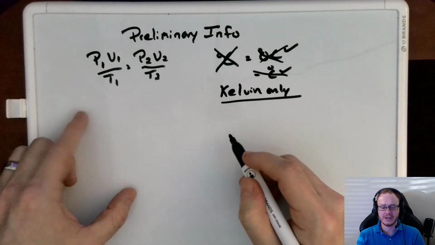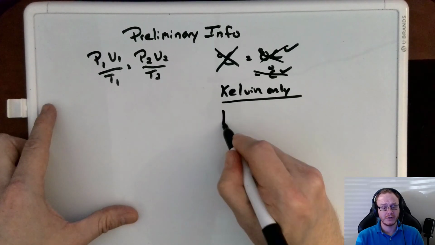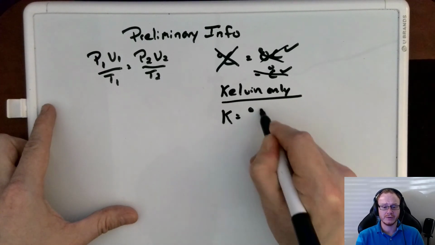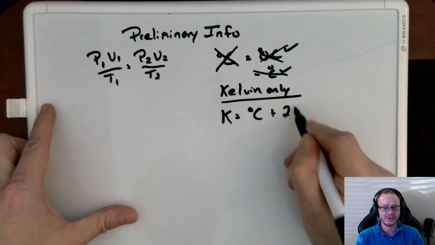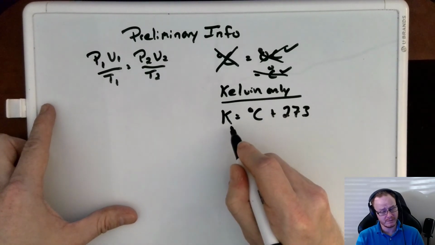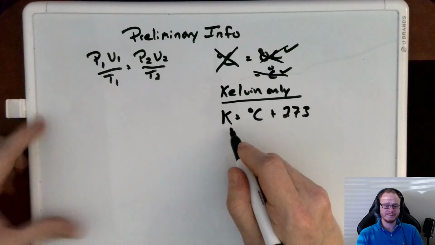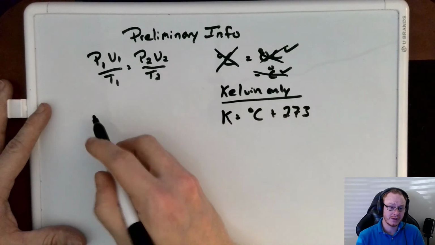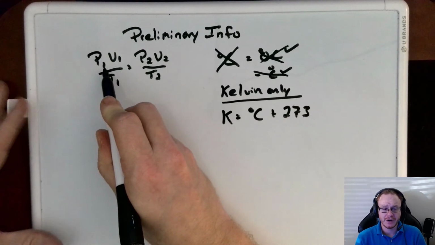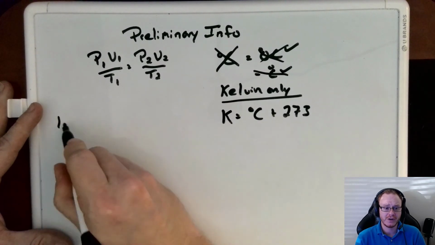Kelvin is pretty easy to convert into. Your Kelvin degrees is going to be equal to whatever your Celsius degrees plus 273. Remember, always use Kelvin. Then we also have to deal with the pressure units. In your freshman year, you were introduced to quite a few pressure units.